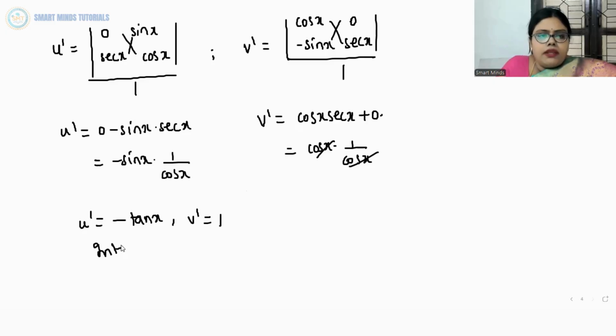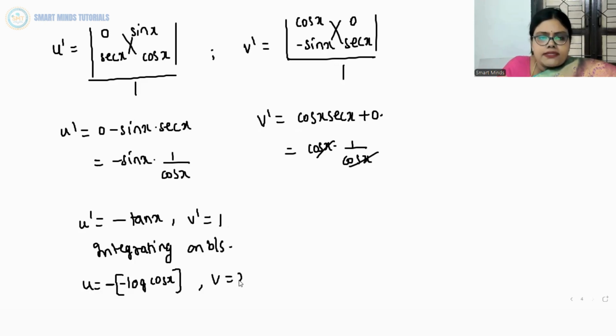Now integrating on both sides, u dash will become u is equal to minus integral tan x, which is minus log mod cos x. And the integral of v dash is v, and the integral of 1 is x.